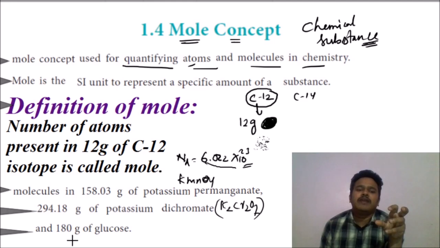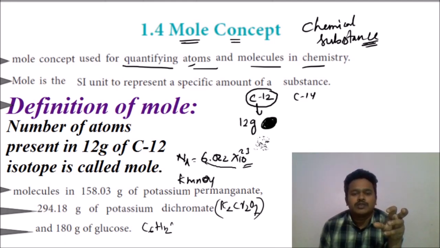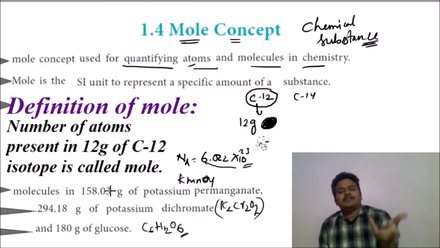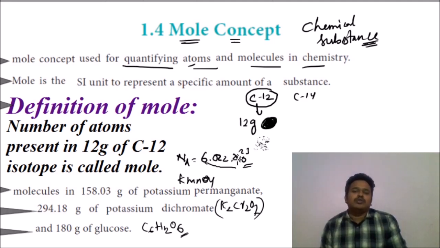Similarly, 180 grams of glucose, C6H12O6, contains a particular number of glucose molecules, and that number is called a mole. Later they fixed that number as 6.023 into 10 power 23.